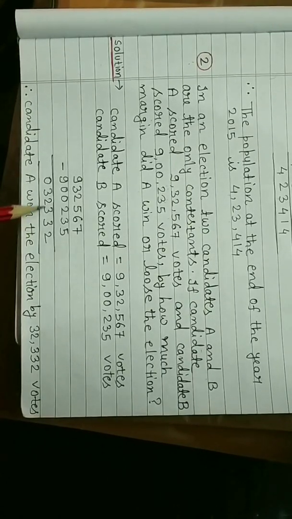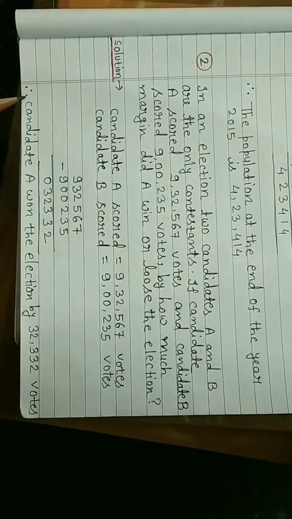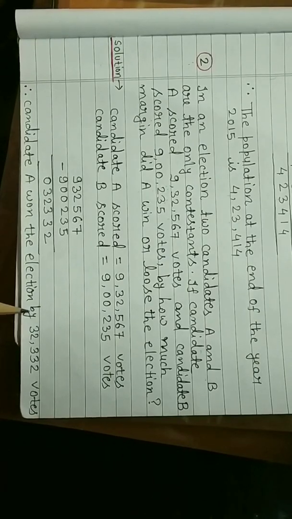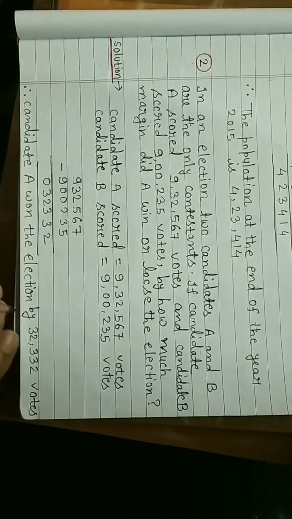So by this many votes candidate A won the election. So I have written at the end, therefore candidate A won the election by 32,332 votes. Okay, let's go to the third question.